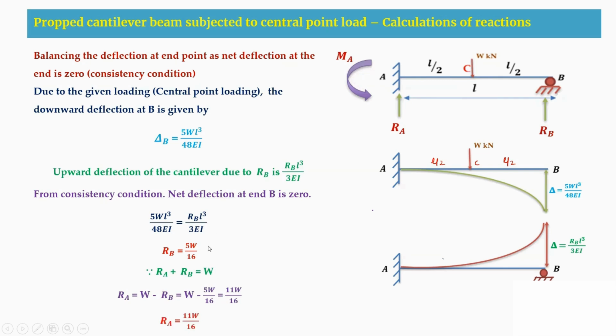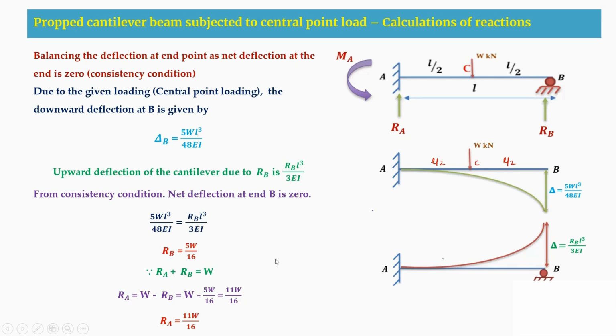This is how we calculated the reactions RA and RB. The net deflection at B we have taken as 0, as there is no settlement in this support, so we are considering it a rigid support. We equated the upward deflection to the downward deflection to get the RB value, then by using sigma Fy equal to 0, we got the RA value.